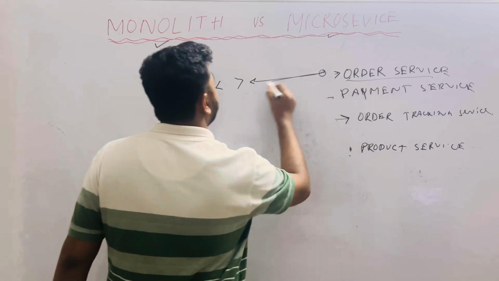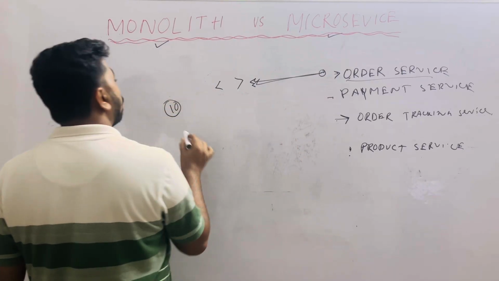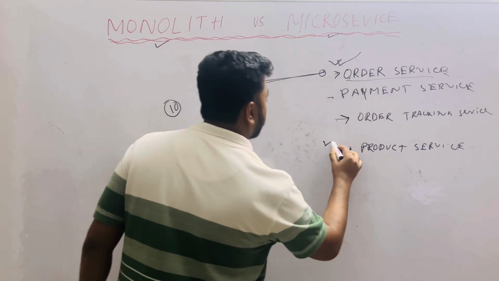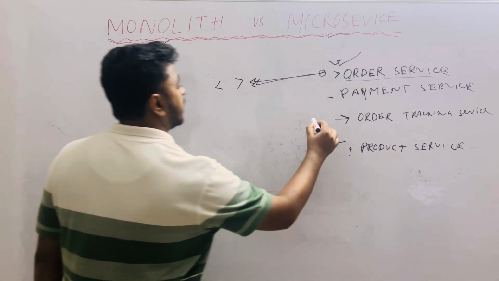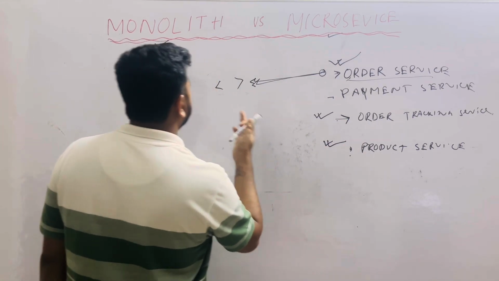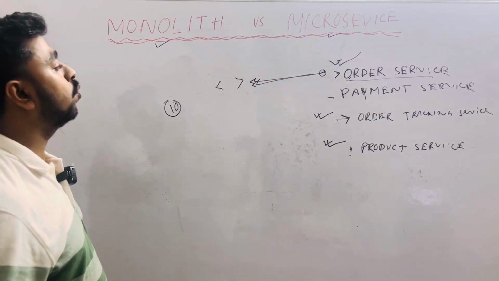So first of all, the development will be much faster and the deployment much easier in this case. Another thing, suppose you have a team of 10 members. One member can work on order service changes, another on product service changes, another on order tracking service changes. So interdependency of the services will not affect the whole delivery.